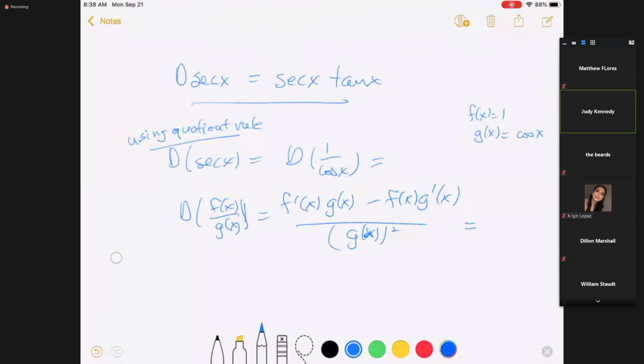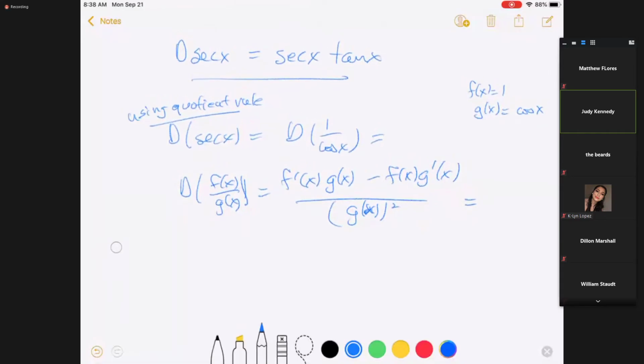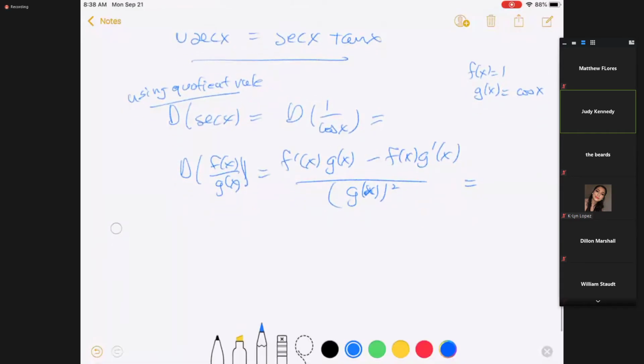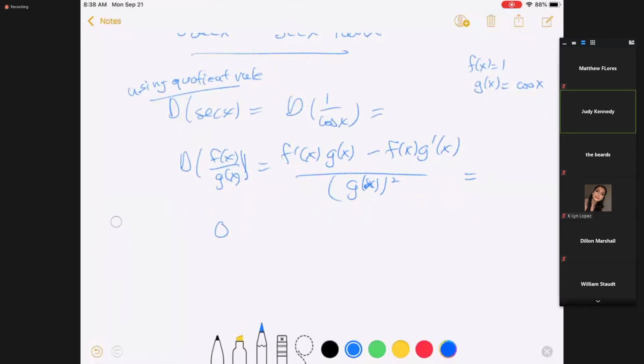Well, f prime is 0. F of x is 1, the numerator is 1. So that's 0 times cosine of x minus f of x, which is 1, times the derivative of the cosine, which we just saw is minus the sine, over the bottom function squared. Okay, so that's cosine squared of x on the bottom.